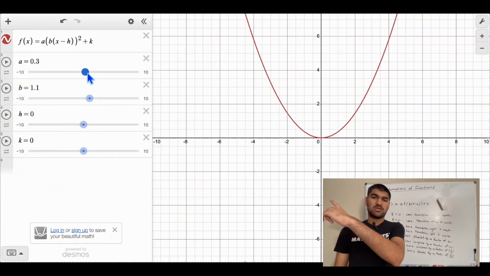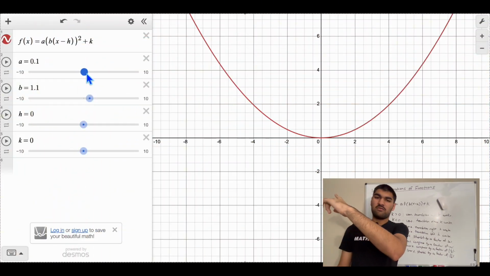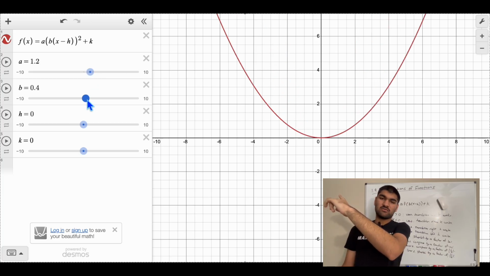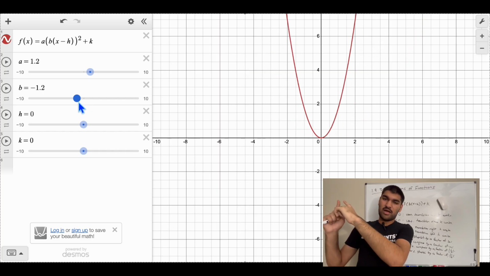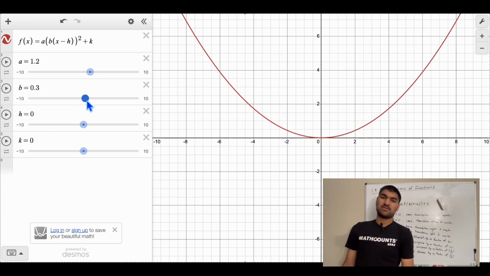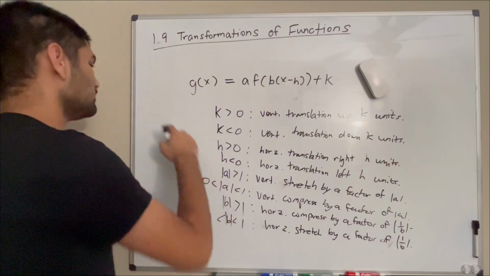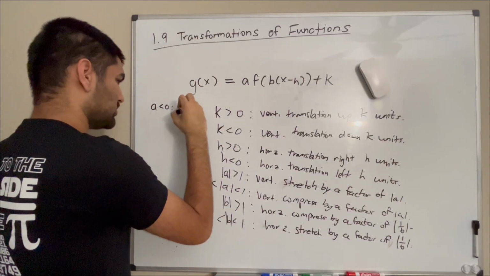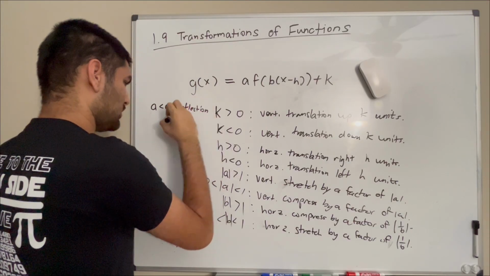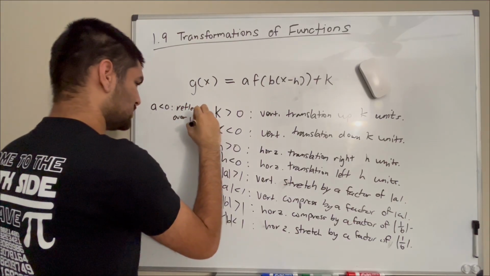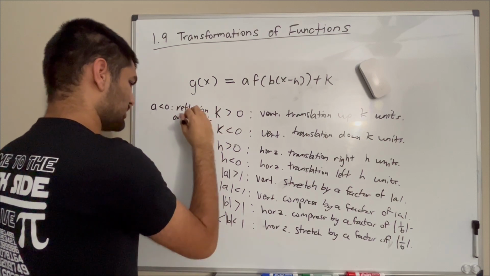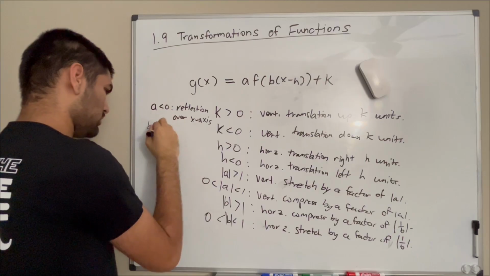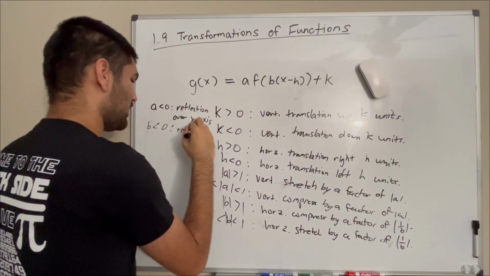Basically, when A is less than 0, we have a reflection over the x-axis, and then when B is less than 0, we have a reflection over the y-axis.